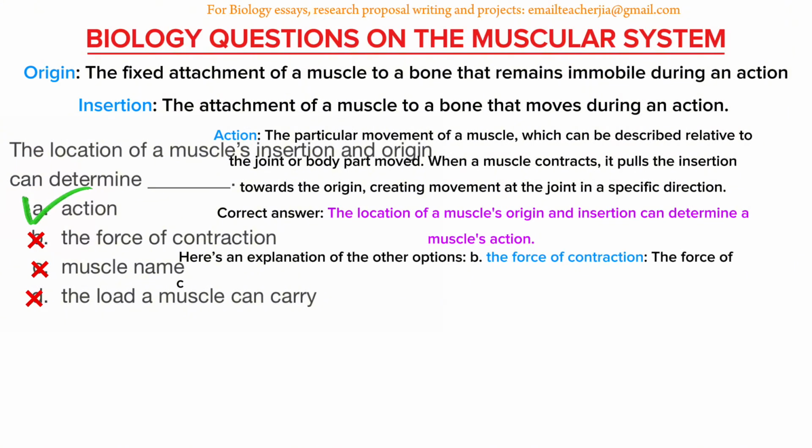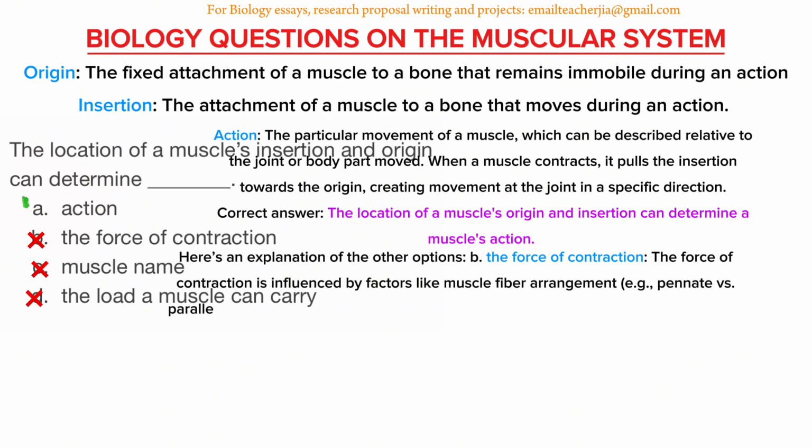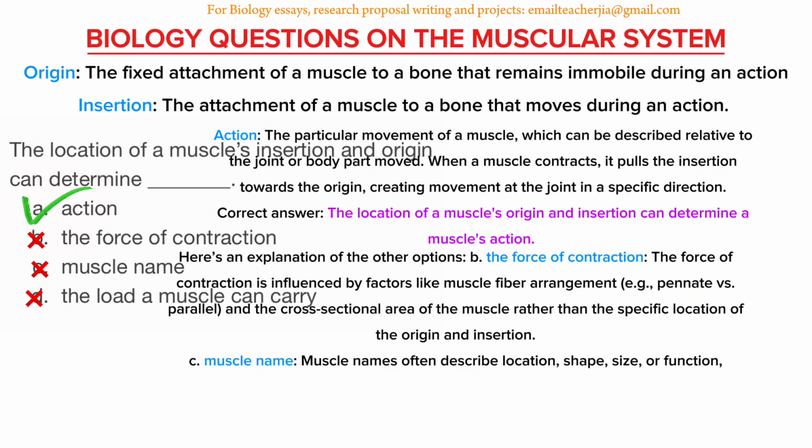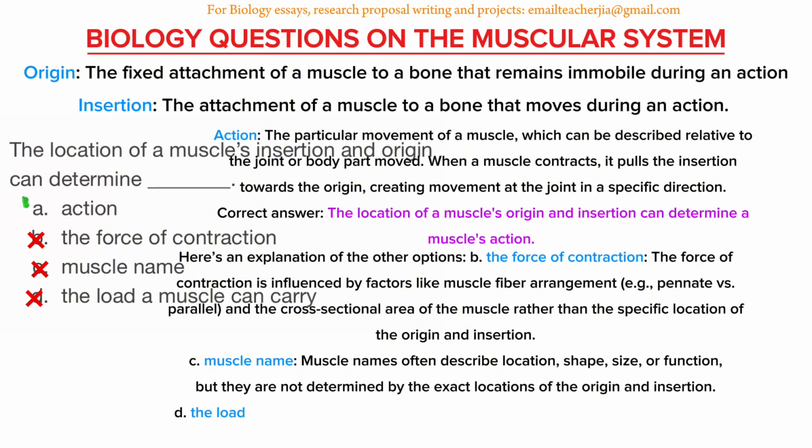The force of contraction. The force of contraction is influenced by factors like muscle fiber arrangement, e.g. pennate versus parallel, and the cross-sectional area of the muscle rather than a specific location of the origin and insertion. Choice C, we have muscle name. Muscle names often describe location, shape, size, or function, but they are not determined by the exact locations of the origin and insertion.